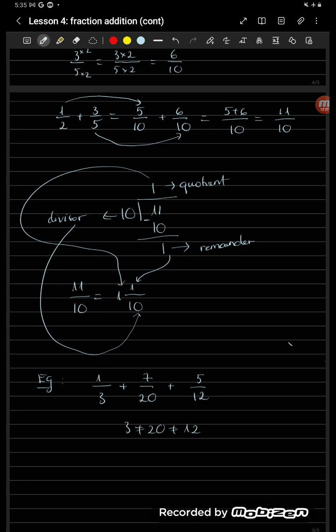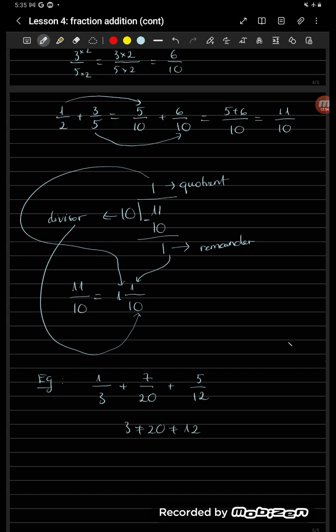So 20 is not a multiple of 3 because 20 cannot be divided by 3. 20 is not a multiple of 12 because 20 cannot be divided by 12. 12 is a multiple of 3 because 12 can be divided by 3, but 12 is not a multiple of 20 because 12 cannot be divided by 20.